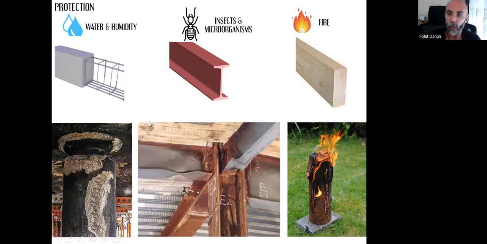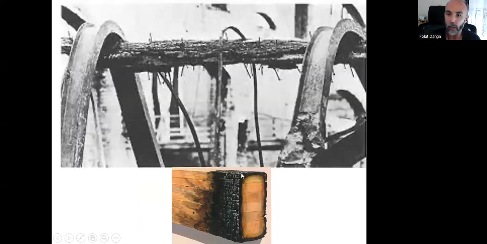However, as the timber components burn, there is this charcoal layer. It has a thickness, and it acts like a heat barrier. Even if the outer surface gets burned, the stability of the component is protected with this charcoal layer.